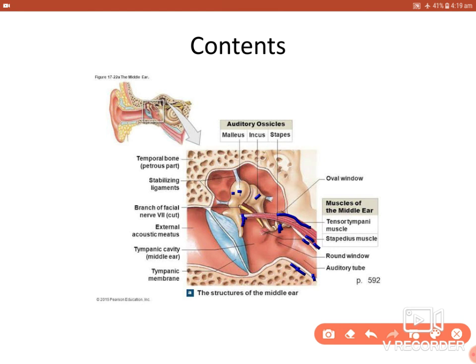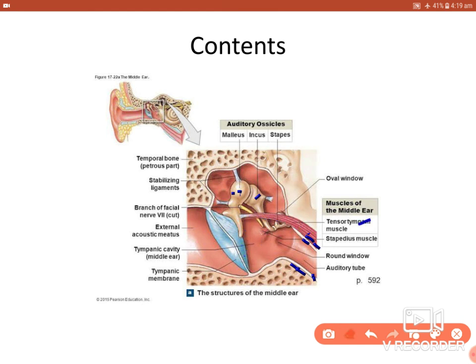When the muscle contracts, it pulls the tympanic membrane medially, and due to the pull of the tensor tympani muscle, the tympanic membrane is convex over its medial surface.